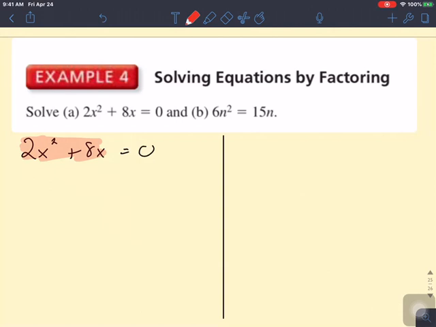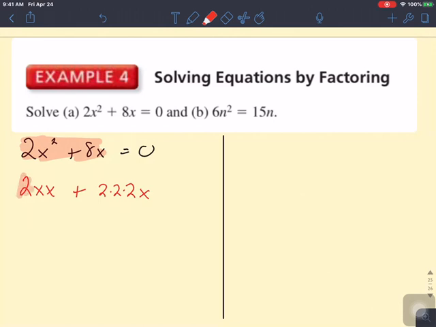So we're going to break 2x squared and 8x down into their prime parts, or expanded form. So 2x squared physically means 2 times x times x, and we're adding that to 8, which is 2 times 2 times 2 times x.